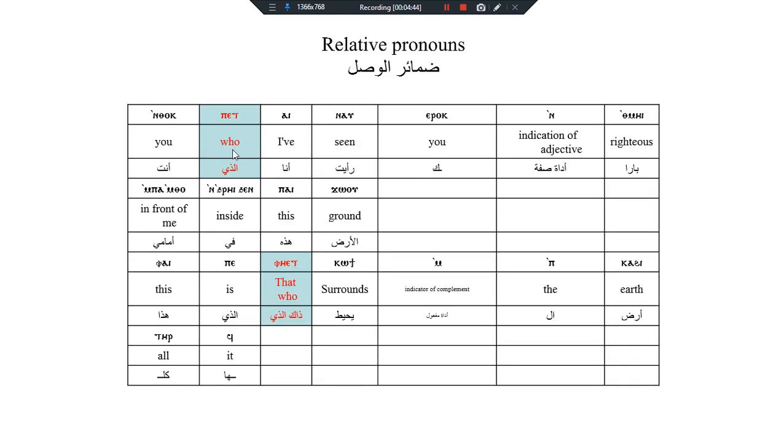Another example using bet: In sok bet I nav erok in ismi in baemto in ikhrichin by go. It means you, that is, I, it means I have, nav means seen, erok means you, in indication of an adjective or complement. اسمي means righteous. إمبا إمسو means in front of. In خريخين means inside.